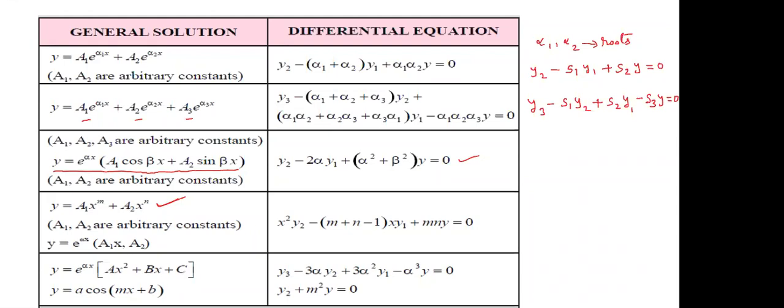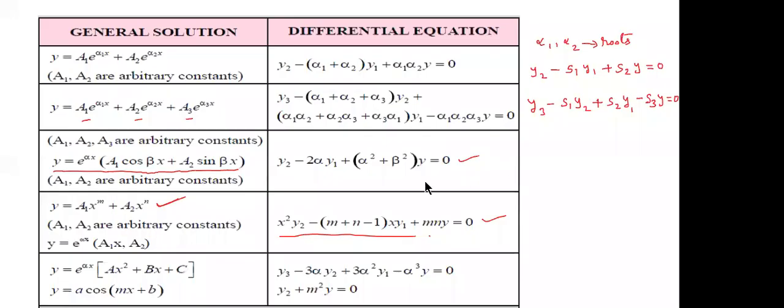This is the shortcut formula: x square y2 minus (m plus n minus 1) into x y1 plus mn into y is equal to 0. Students, all of you understood now? And here y is equal to e power alpha x into (a1 x plus a2). So this equation also has the same formula.